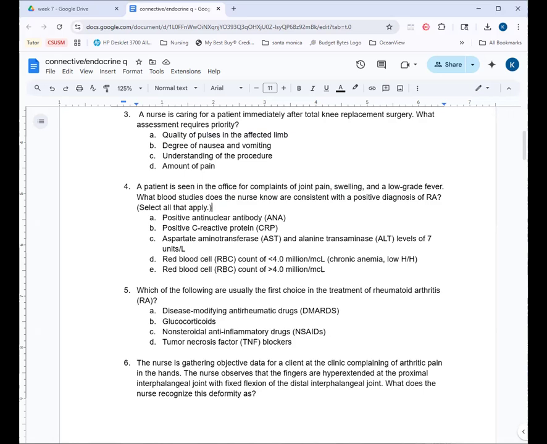What blood studies does the nurse know are consistent with positive diagnosis of RA? All right, anyone else for number 4?